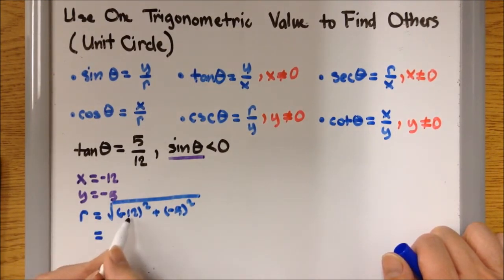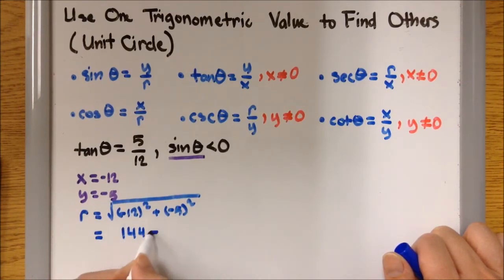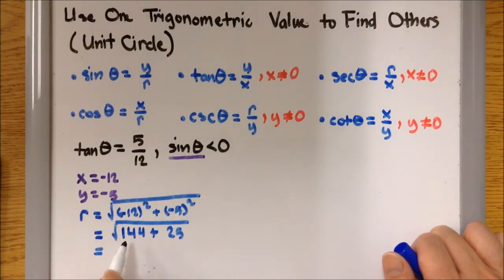So negative 12 squared, that's going to be 144, plus negative 5 squared, that would be 25, all inside the square root. And then 144 plus 25, that's going to be 169 inside the square root.